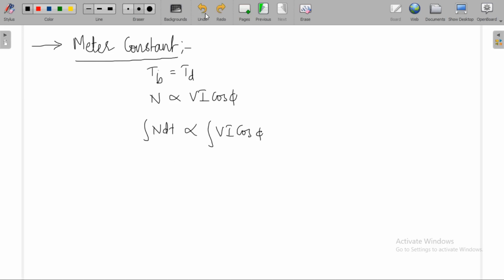Integration of N dt is nothing but the number of revolutions. N is the speed of the disc, so the number of revolutions made by the disc is directly proportional to the energy consumed by the load.